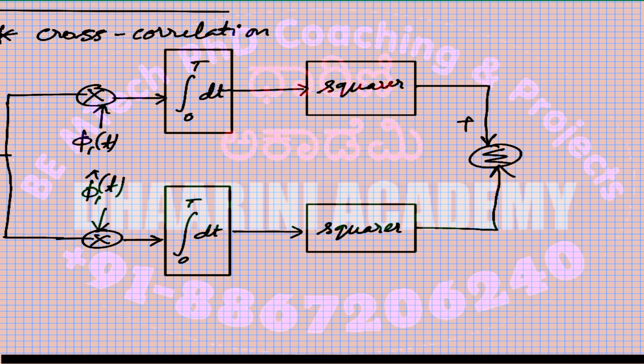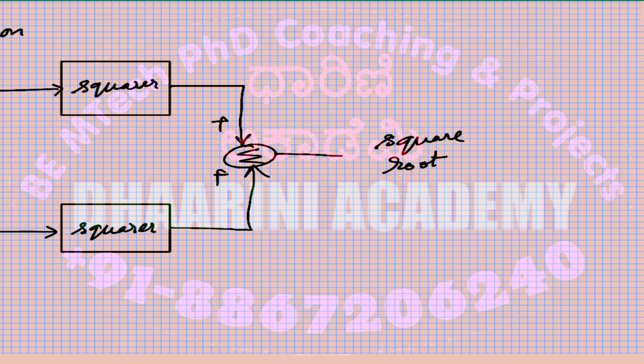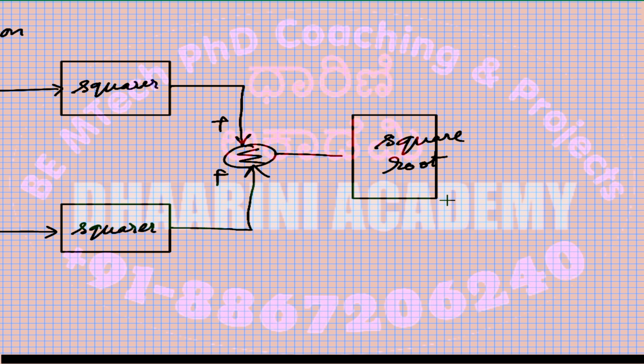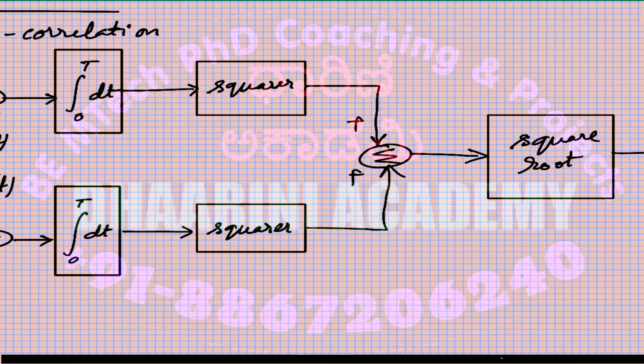Yes, this is plus. Now we get a value that is going to go through a square root. So this output will go to the decision maker, for which we need to write even the lower half.